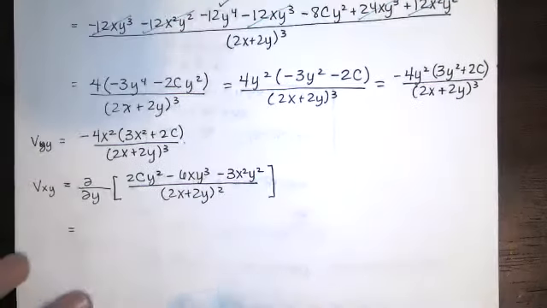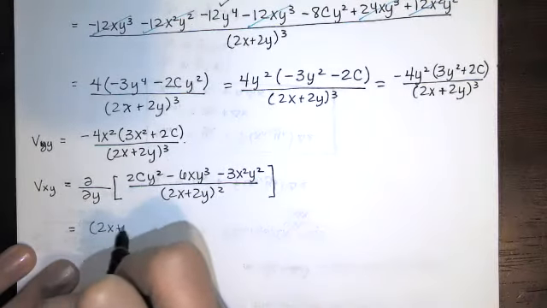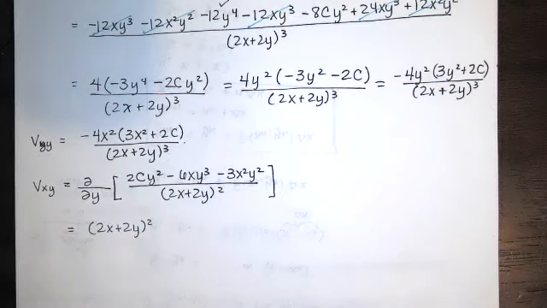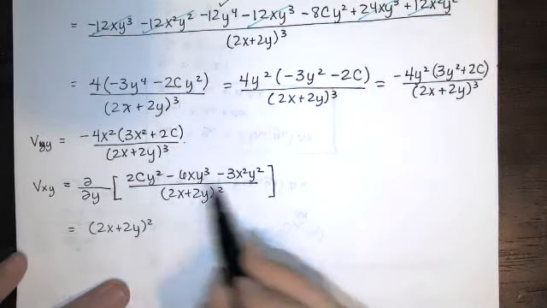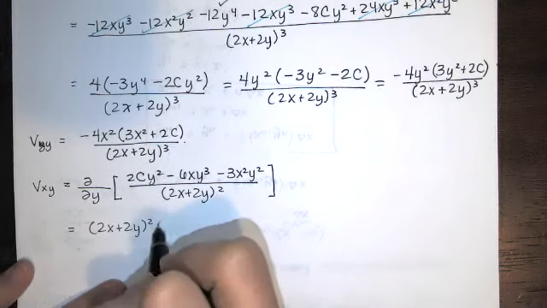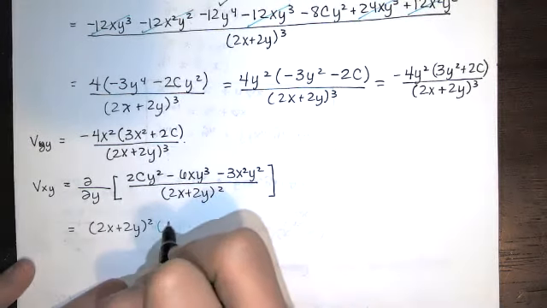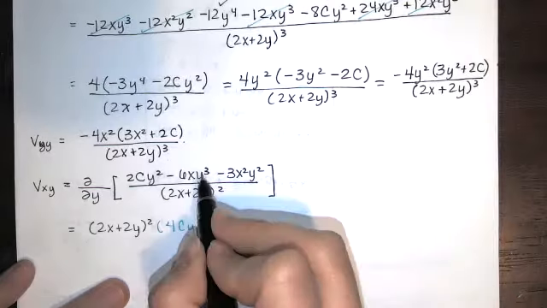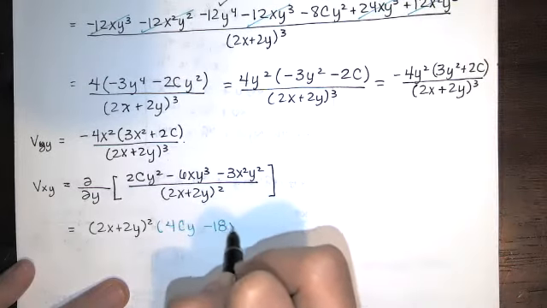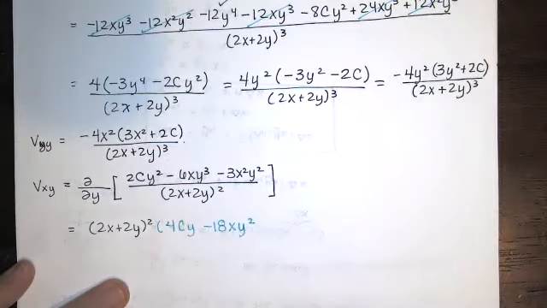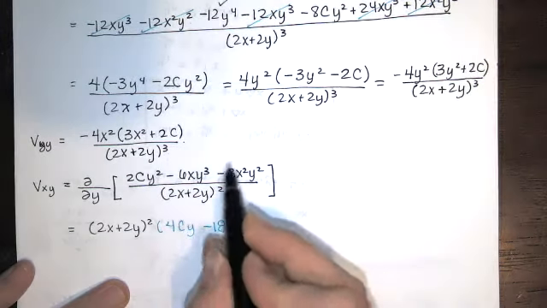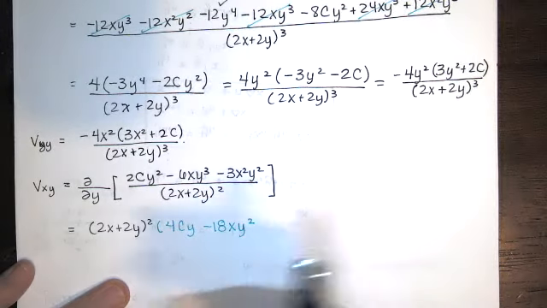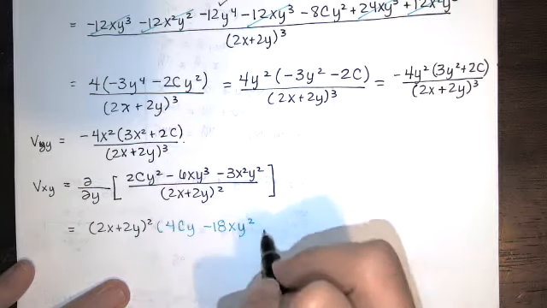So we have here the bottom function times the derivative of the top function with respect to y, treating x as a constant. The derivative of this piece with respect to y is 4cy. Derivative of y cubed with respect to y is 3y squared. So we're going to have 3 times that negative 6 is negative 18 times x times y squared. And then I've got a constant times y squared here. The derivative of a constant times y squared is that constant times 2 times y.